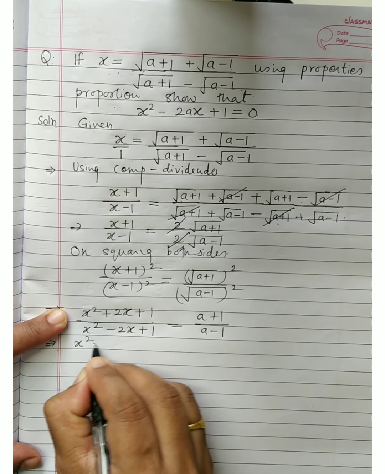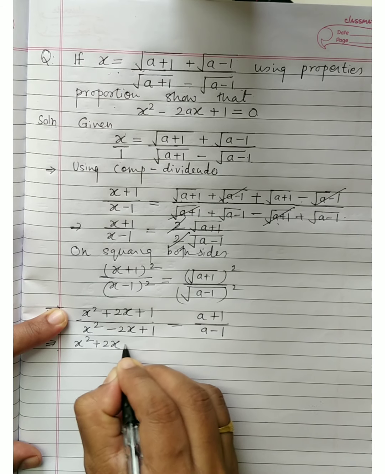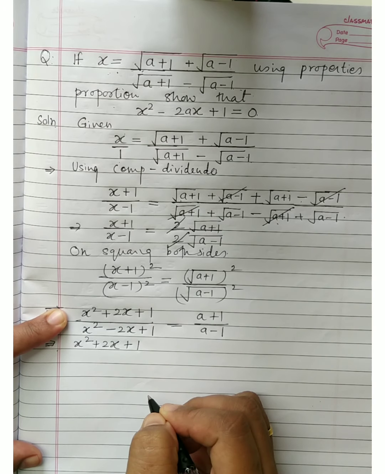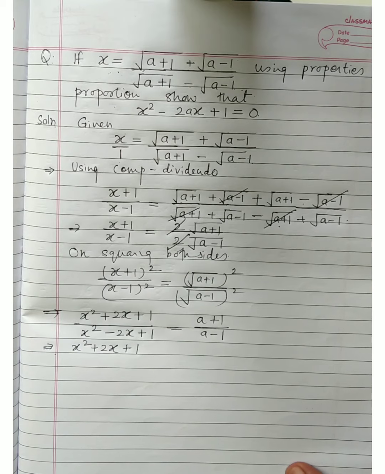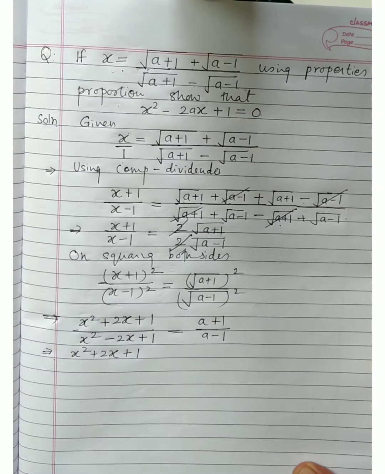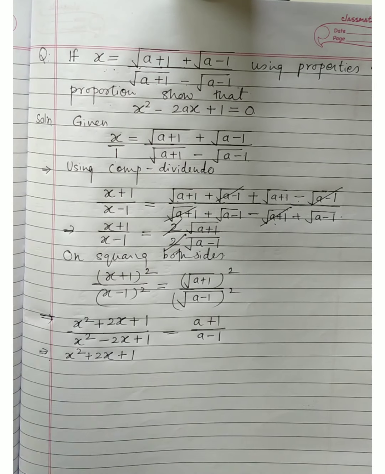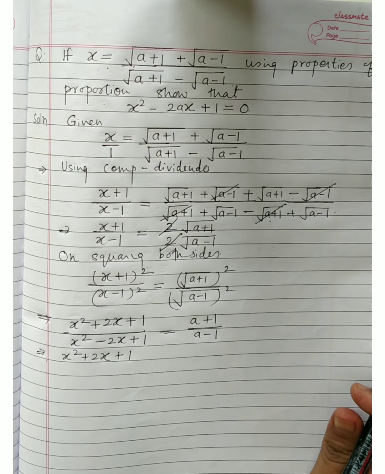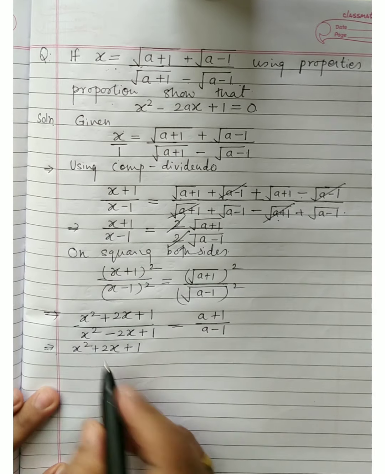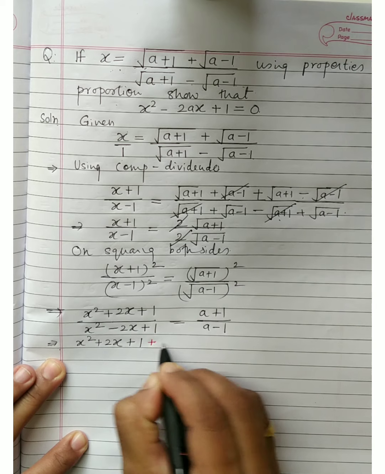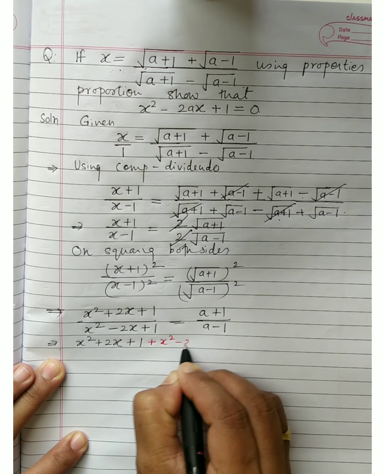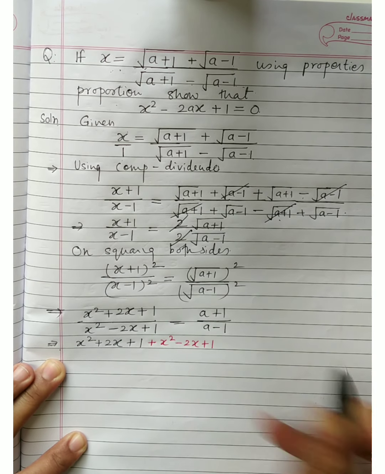So numerator, denominator, keep in your mind. x² + 2x + 1, numerator, right? I'll use a different pen here. Plus denominator, plus x² − 2x + 1.